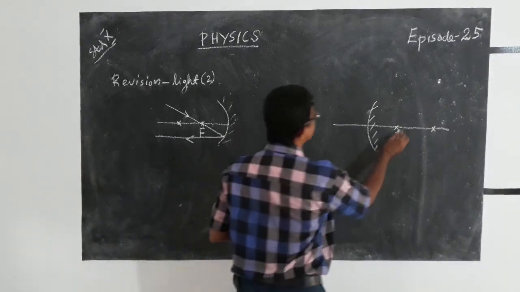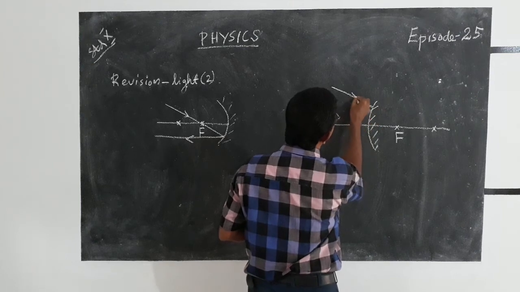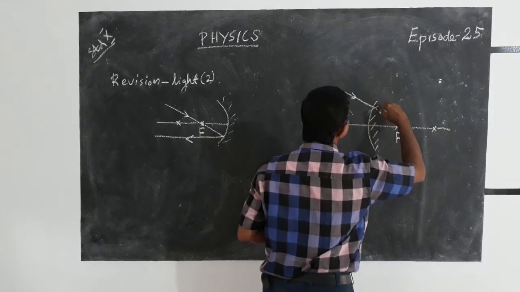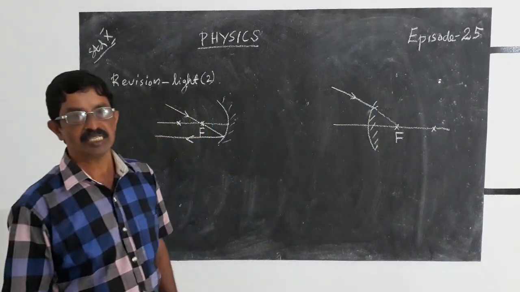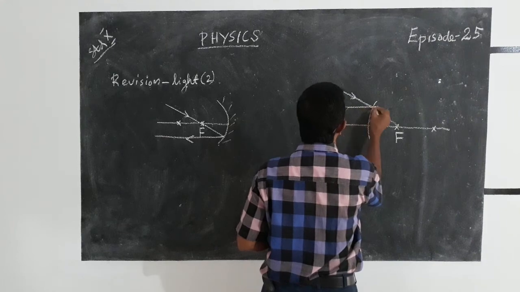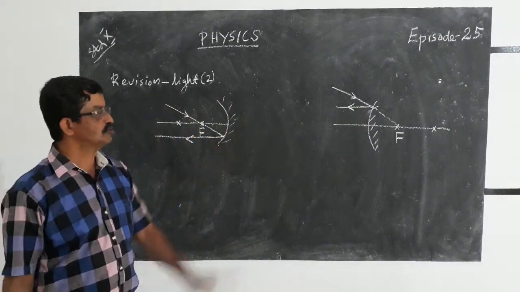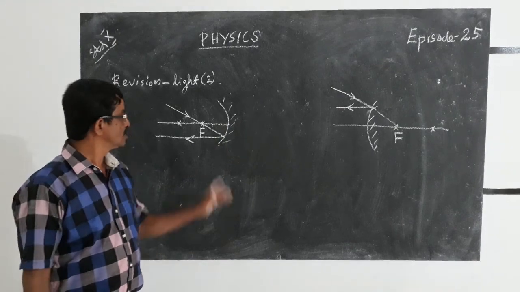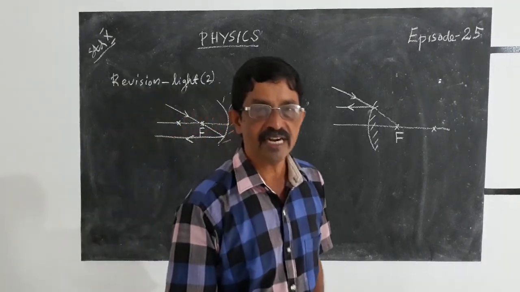Here you see a ray of light which is coming towards the principal focus. This also, when reflected, becomes parallel to the principal axis. Now you want to remember these two things when we draw a ray diagram.